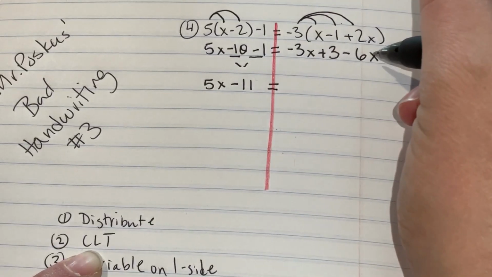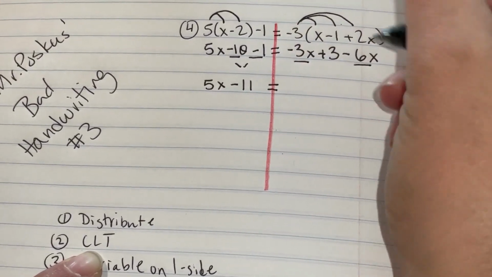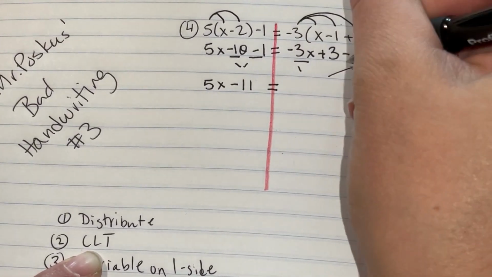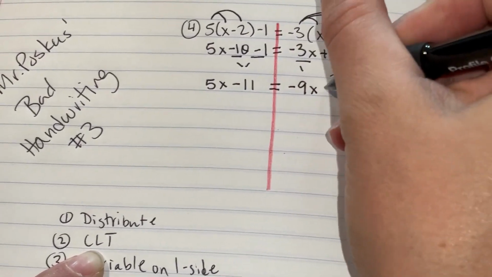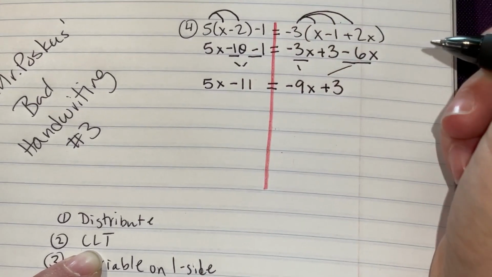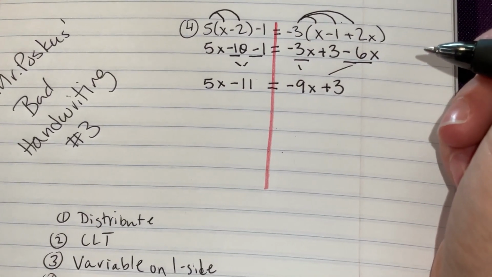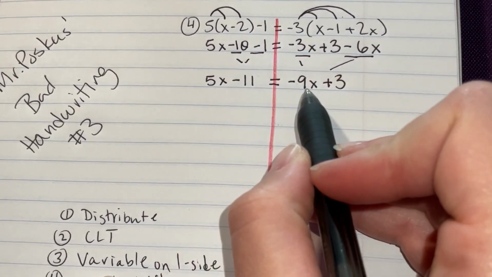Looking at the other side here, we have 2 coefficients. So I have to do negative 3x minus 6x. Don't forget the sign. This gives you negative 9x. The plus 3 drops down because it's a constant. It is not the same as a coefficient. Now, my variable is not on one side, so I need to move one of these guys.